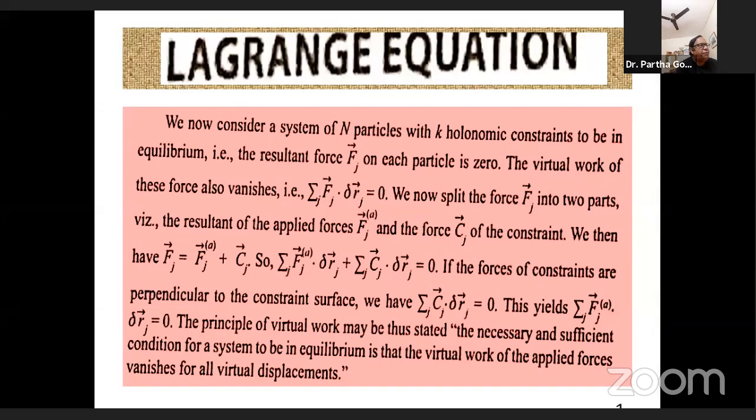So F stands for the resultant of all forces which act on a particle of mass m at a given instant. At a given instant. I repeat again, at a given instant.